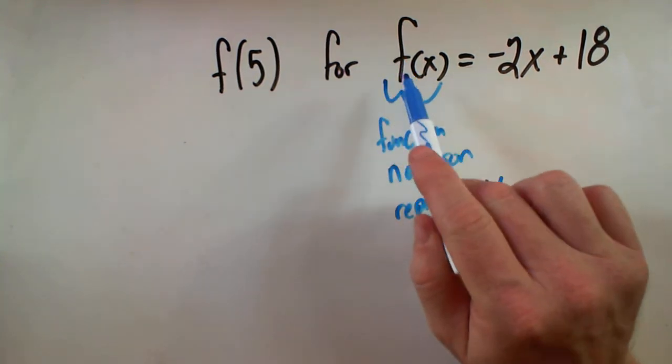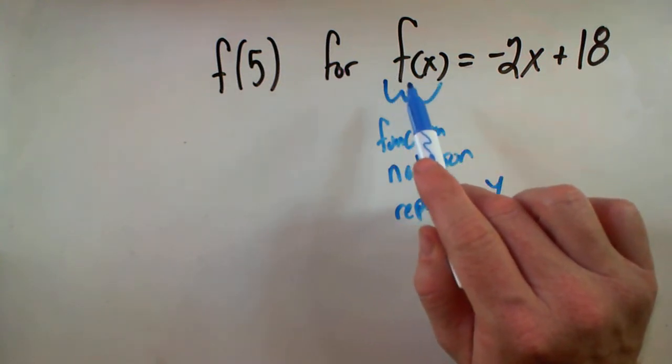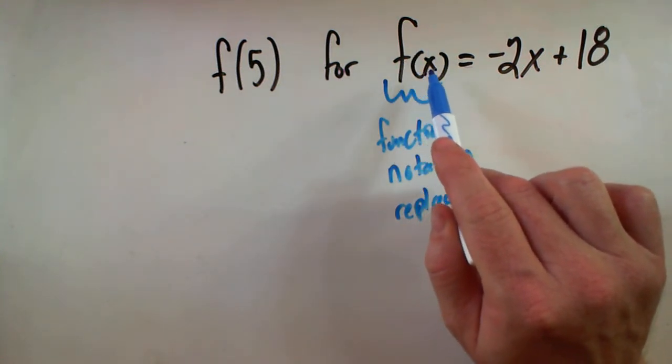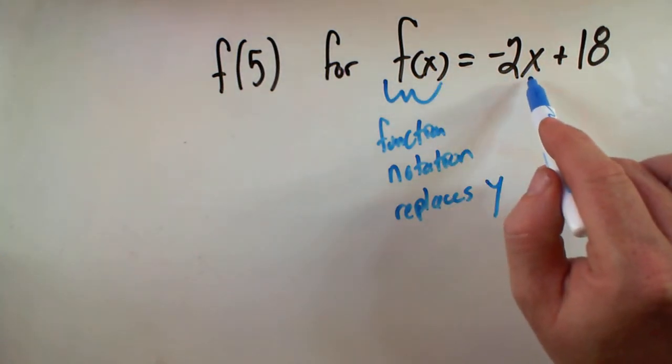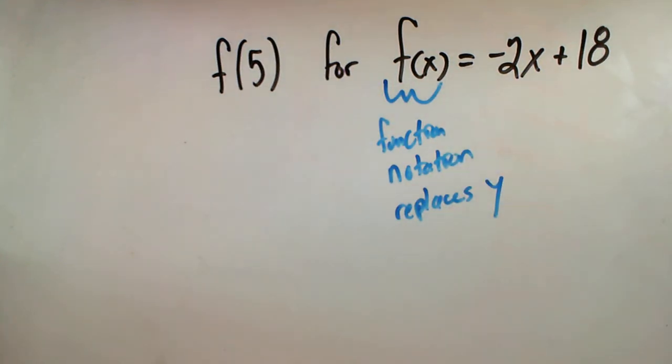So it's just a way of saying this y value is what happens when we plug in x, and you just take whatever x value is listed there and you replace that x value with that x value. Here's what I mean.